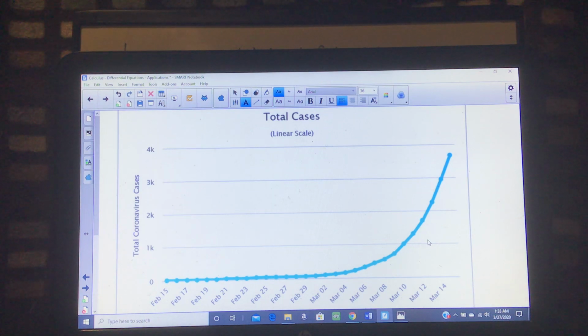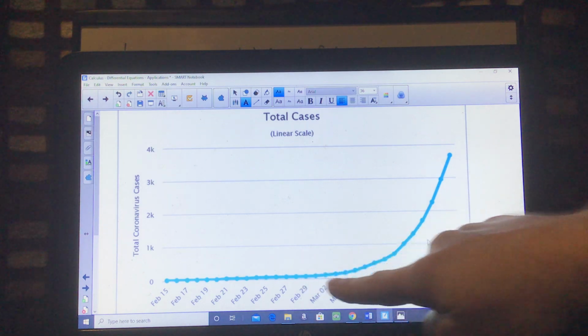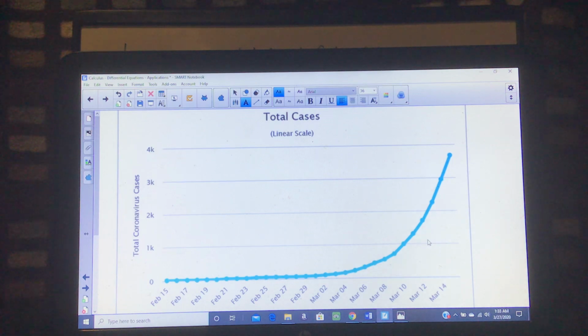As of this recording, it's March 27th, and there's a lot more cases than this. But you might recognize this pattern as exponential growth. And exponential growth can be crazy. It's good if you're making money this way, but it's bad if people are getting infected with a disease by this pattern. Now, you learn how to handle exponential growth cases in other courses, but nowhere ever tells you why it's exponential growth and how they knew the formula that they did for exponential growth.